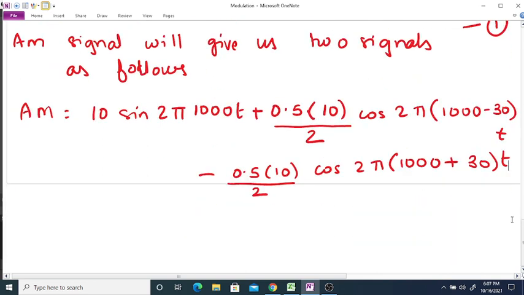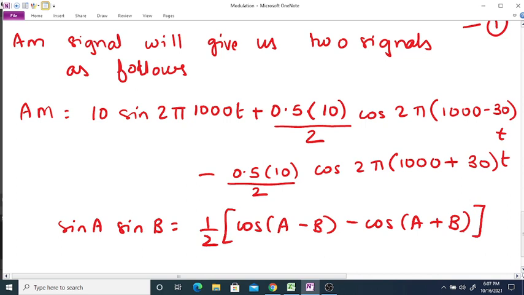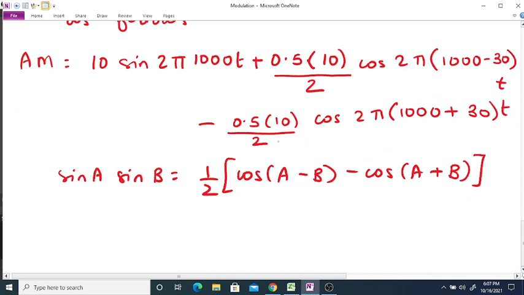Now, we obtain this by using the formula for sin A sin B, which is equal to 1 by 2 of cos of A minus B minus cos of A plus B. So, by using this mathematical formula we have obtained the above expression.